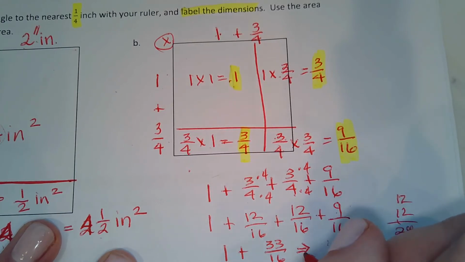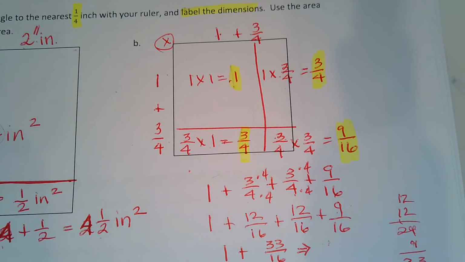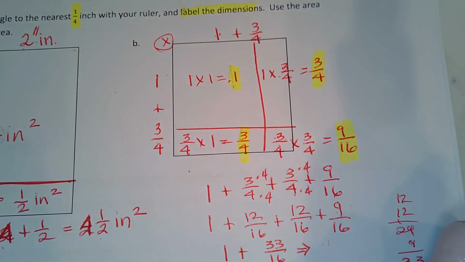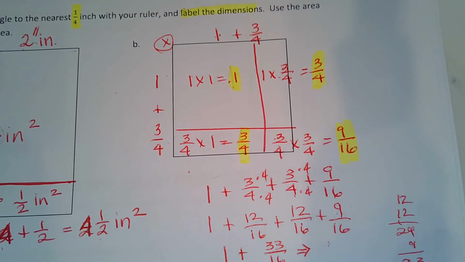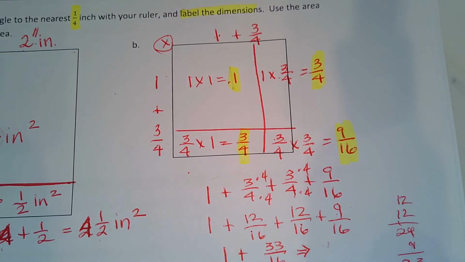Now, 33/16 is an improper fraction. So we don't want to leave it that way. How many times will 16 go into 33? 16 is going to go at least twice. So 16 plus 16 is 32.